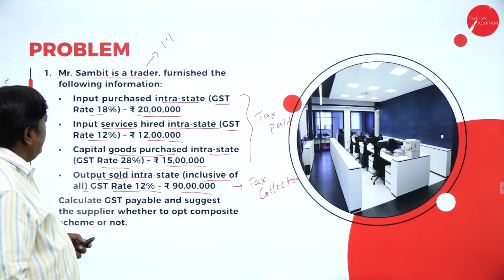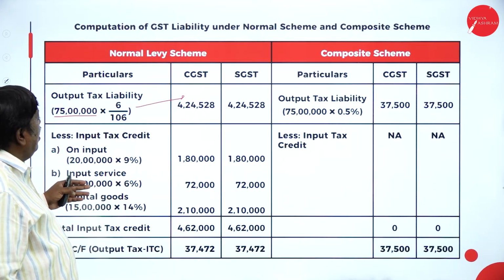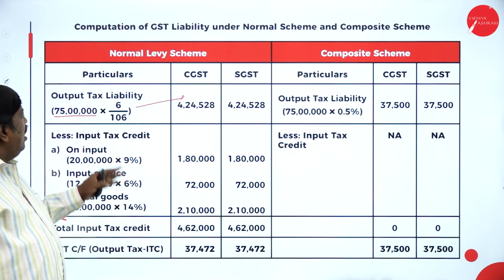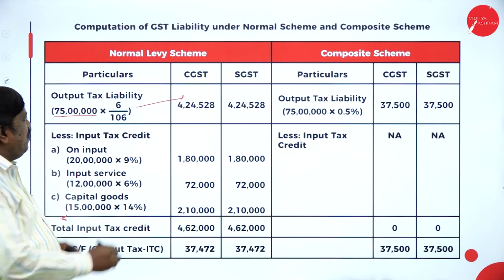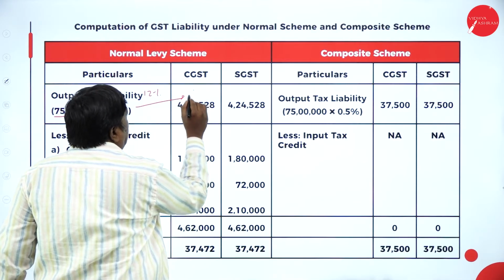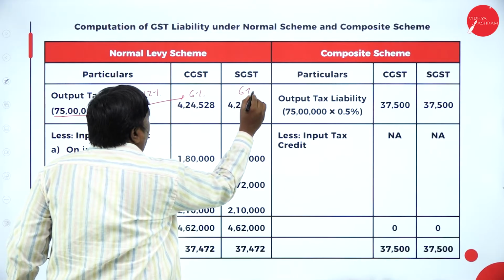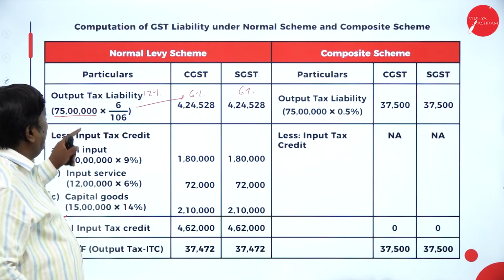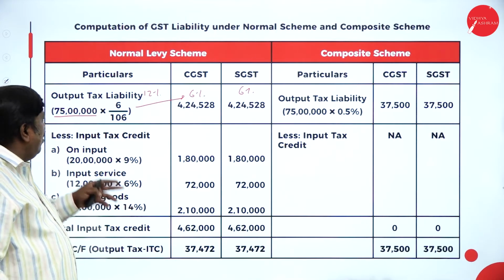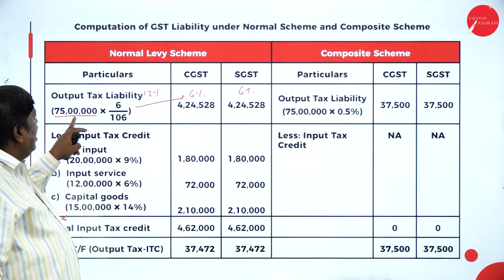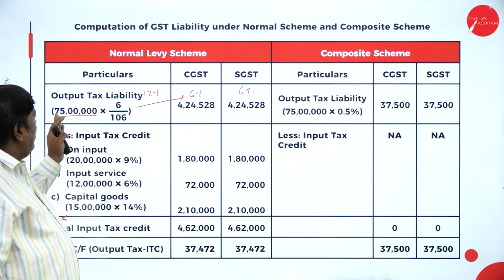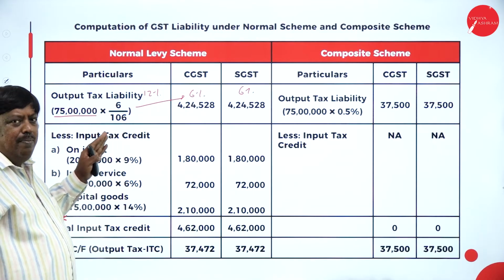So the tax I have collected from the person on 75 lakhs is at 12%, that is 6% for CGST and 6% for SGST. Here the terminology given is inclusive, for that reason 75 lakh into 6 divided by 106. Or else 75 lakh into 6% was the major concept.